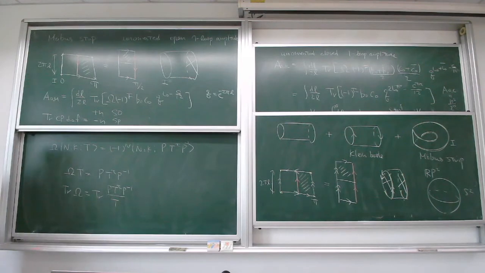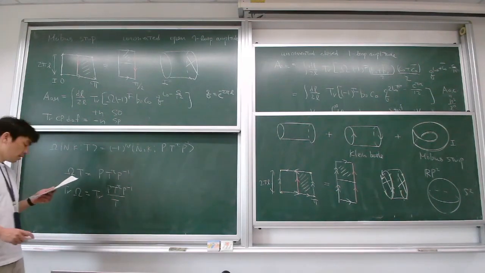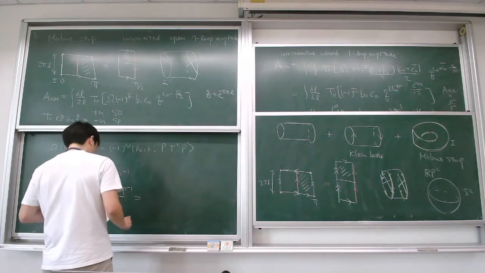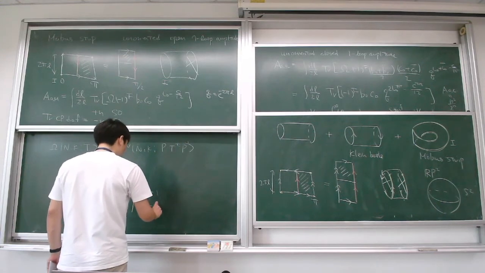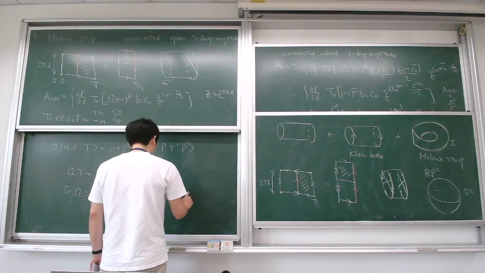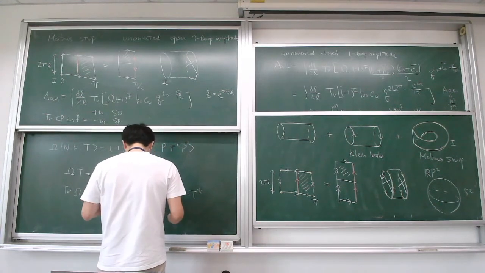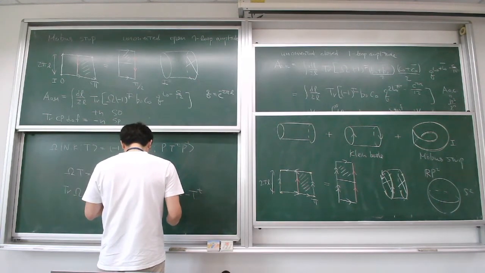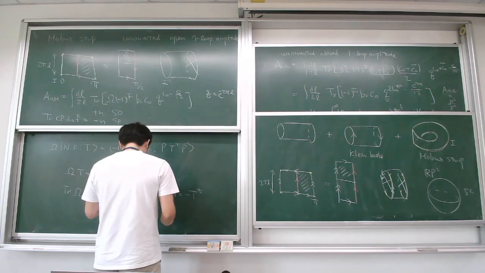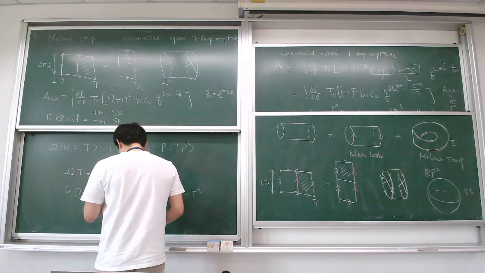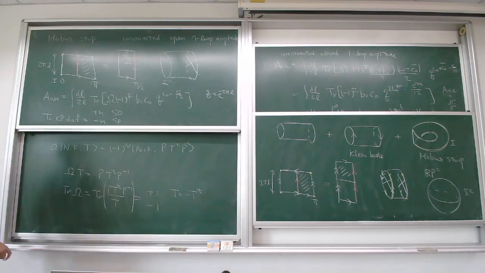Okay. And then this can be understood as +1 or -1 depending on whether t is equal to t transpose or minus t transpose. Oh yeah, sorry.